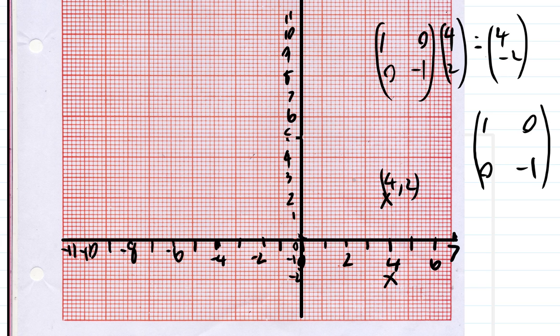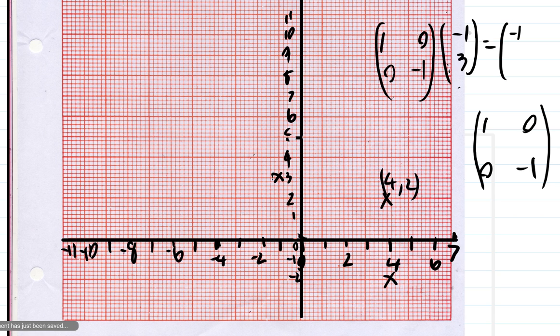Now, we could try one more point and see what happens to it. Suppose we have negative 1, 3 right here. Just to make sure, 1 by negative 1 is negative 1 plus 0 by 3 is 0. 0 by negative 1 is 0 plus negative 1 by 3 is negative 3.